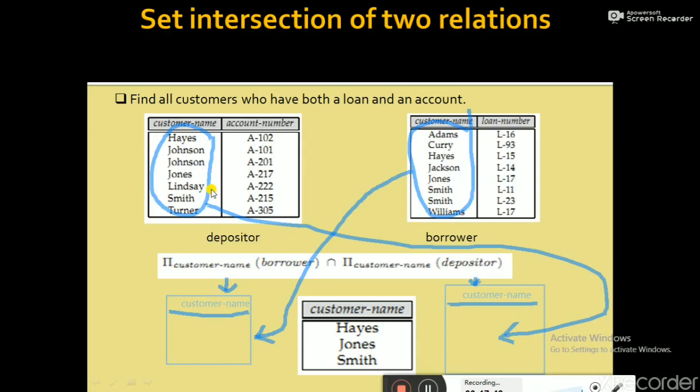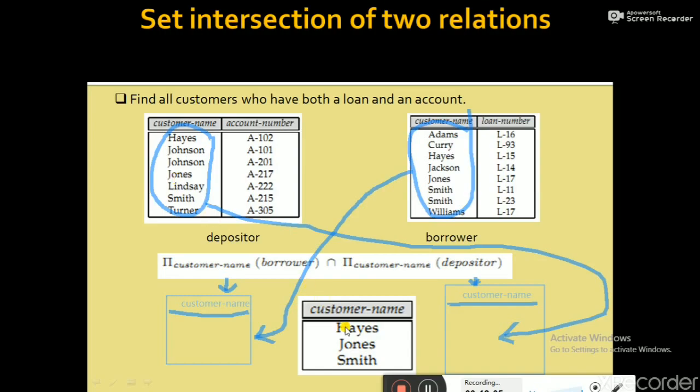Now, set intersection means you have to combine all the information from both the relations. If a particular record is present in both the relations, then it will be in the resultant relation. We have already checked with the borrower, now we have to check with the depositor. Hayes is already included, no need to check. Now check Johnson. Johnson is present in depositor but not in borrower, so Johnson will not be there.